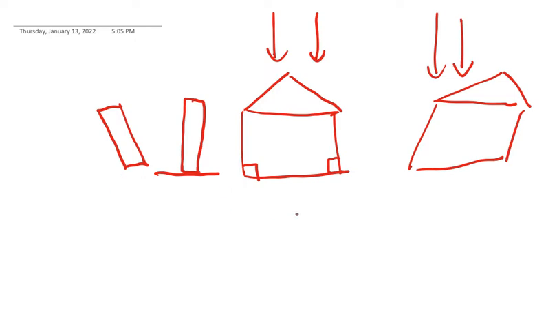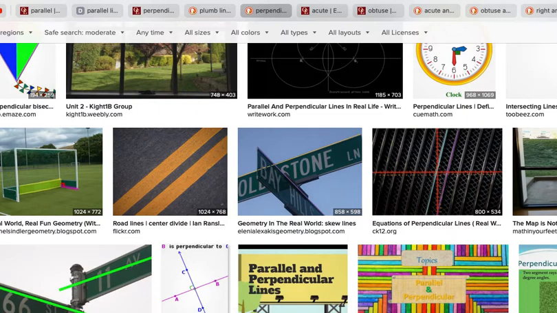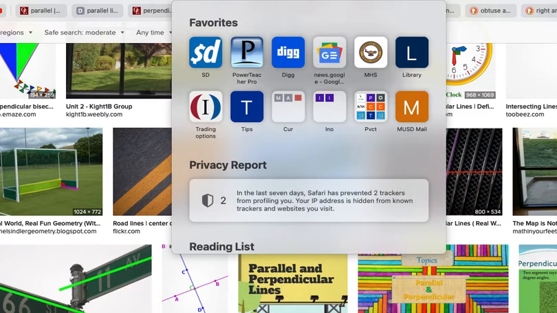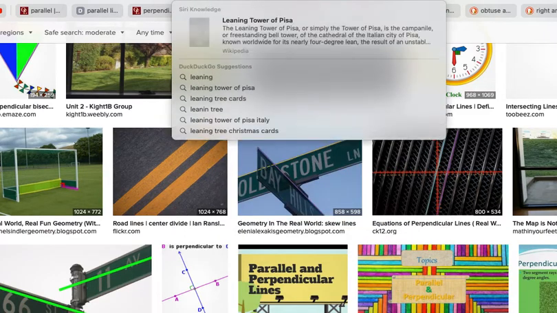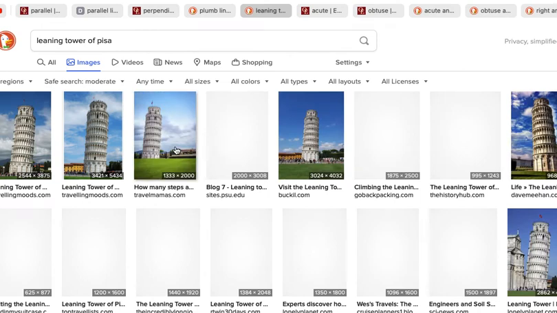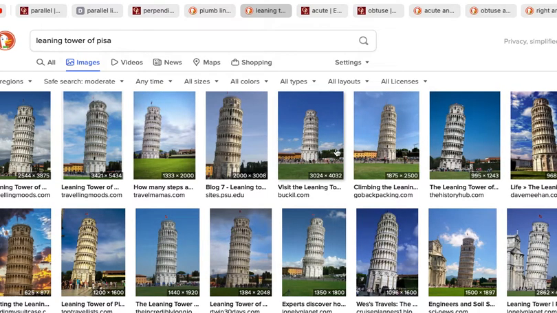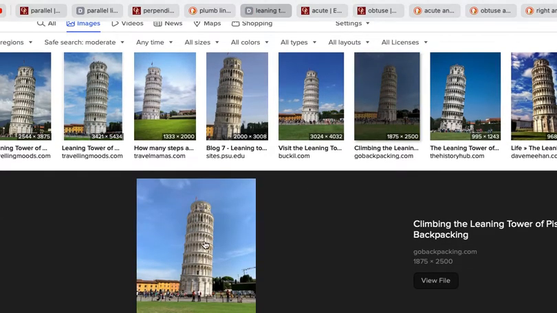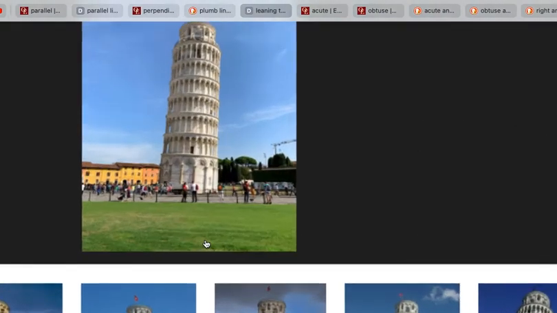So perpendicular lines are very important for building things, because they make them strong and steady, and they help them fight against gravity. There's a very famous tower called the Leaning Tower of Pisa, and it actually leans, and every year or every so many years they have to reinforce it. Now they could make it straight so that it doesn't keep leaning, but the tourists like to come see it.